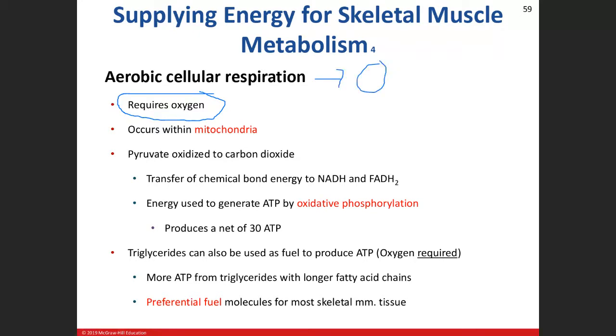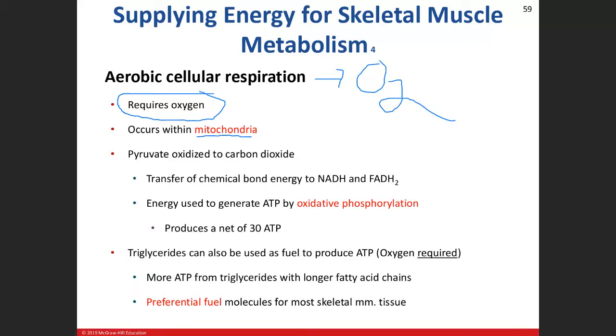But you need cellular oxygen. We need oxygen for this. The only way that we can have this metabolic process occur is with oxygen, and it has to be in a special place, and that special place is club mitochondria. Oxygen is that friend that's going to get you into that club.